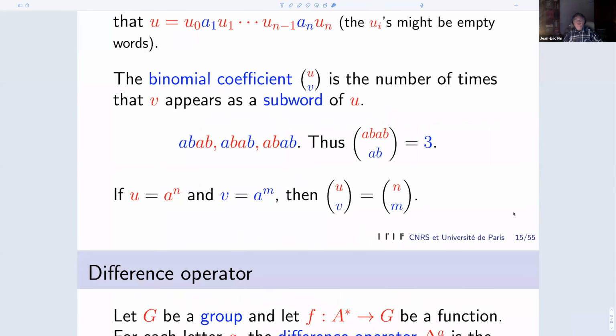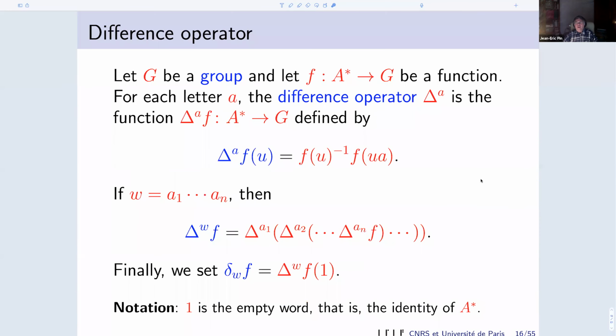So the difference operator is quite natural also. It starts with a function from A star to a group G. And now for each letter A, you define a difference operator delta A as follows. Delta A f of u is just f of u minus 1 multiplied by f of u. Just the same way as you did in the commutative case. That's very natural.